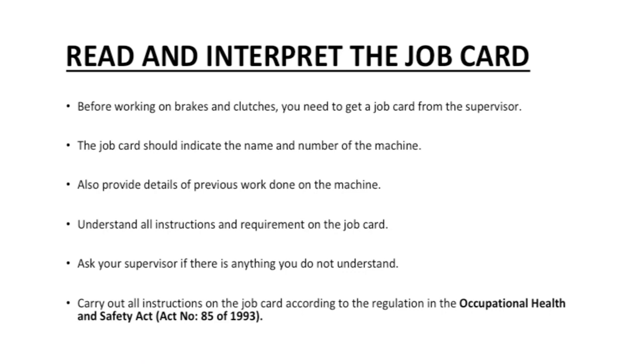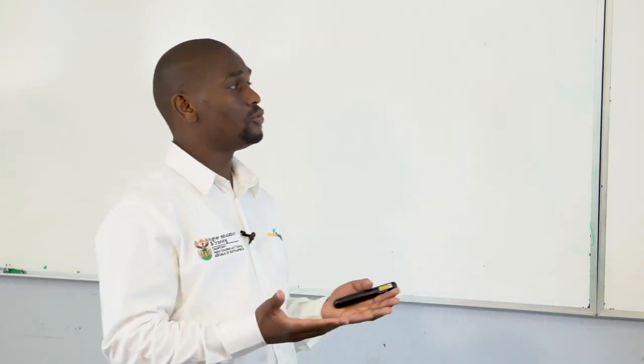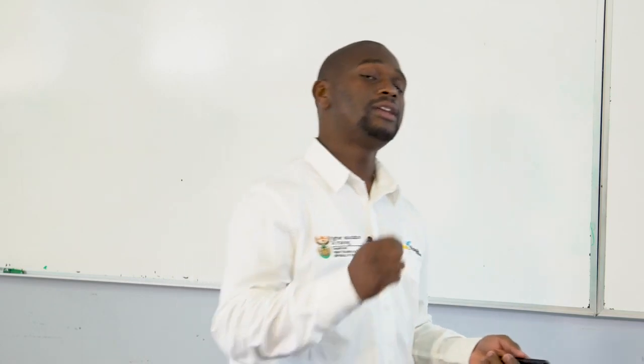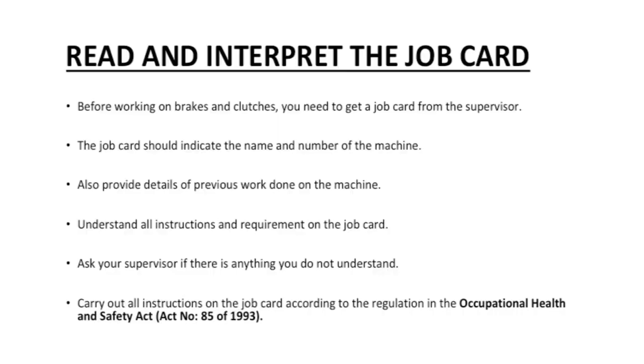Read and interpret the job card. Before working on brakes and clutches, you need to get a job card from the supervisor. The job card should indicate the name and the number of the machine that you will be doing that particular maintenance. It also provides details for previous work done on the machine. What did they do?